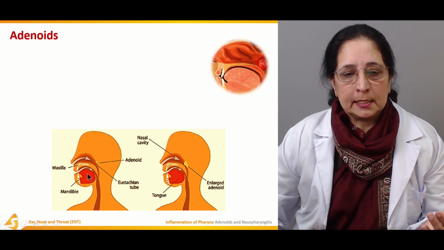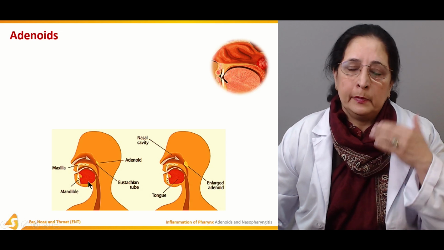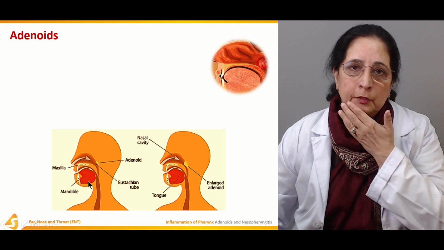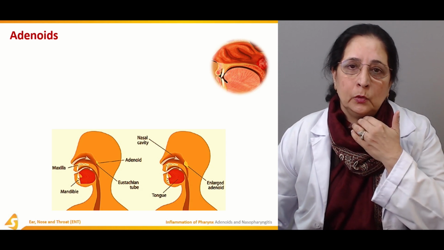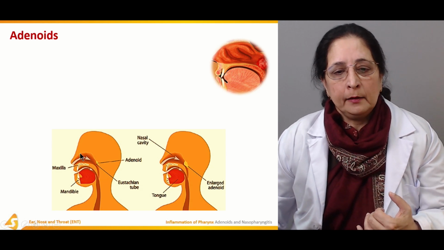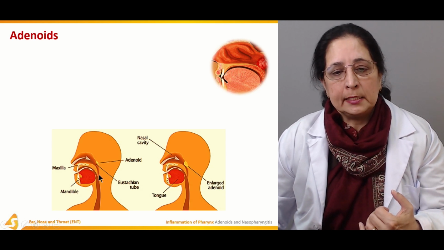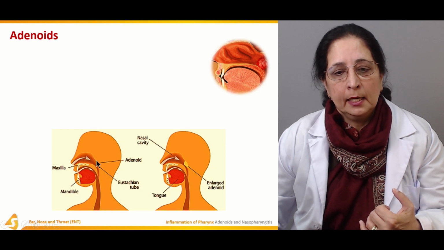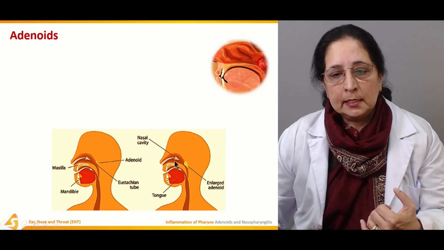This is the maxilla, the upper jawbone. Then we have the mandible, the lower jawbone, and the tongue. And here behind the nasal cavity, you can see the adenoids. This is the nasal cavity, and this is the adenoids.